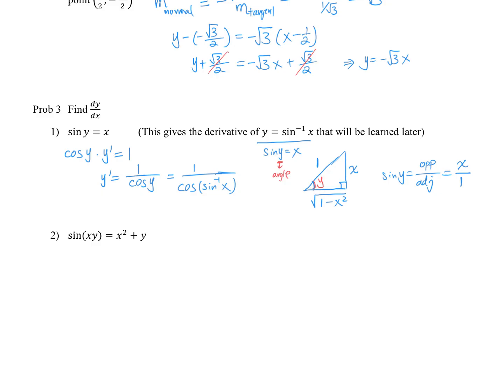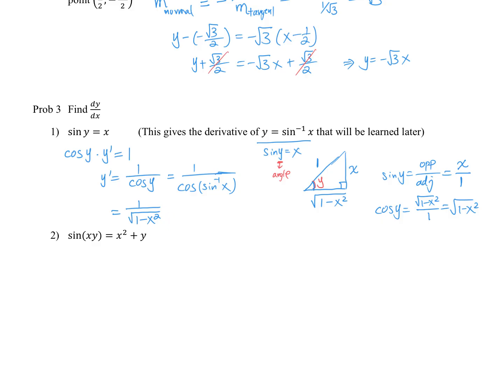So therefore, using this figure, cosine y is the adjacent over the hypotenuse, square root of 1 minus x squared over 1, which is square root of 1 minus x squared. So therefore, 1 over cosine y is square root of 1 minus x squared.